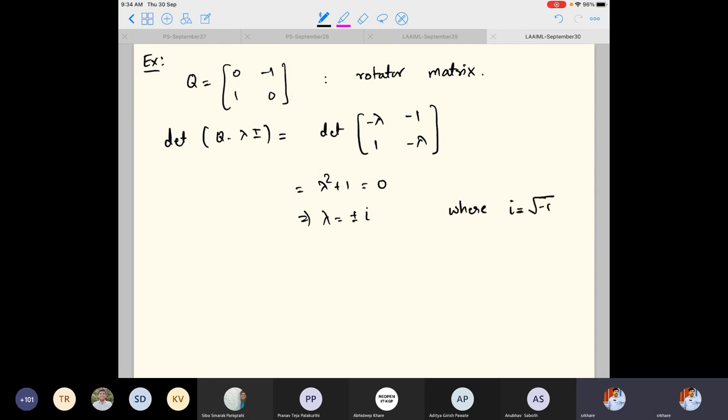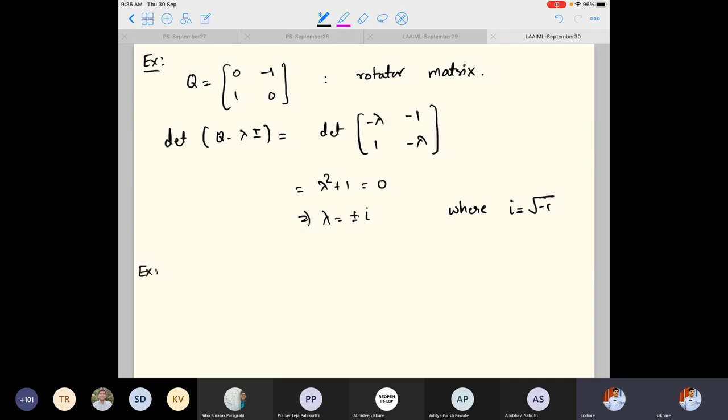Some people write it as j; in maths we write i. In electrical engineering and electronics, they have e to the power minus j omega. Clear? So the eigenvalues are imaginary and eigenvectors do not exist.